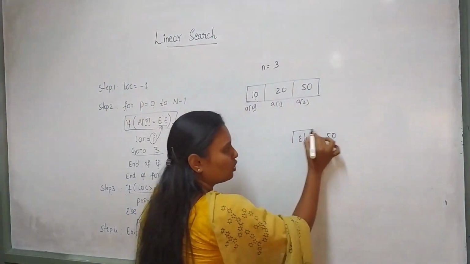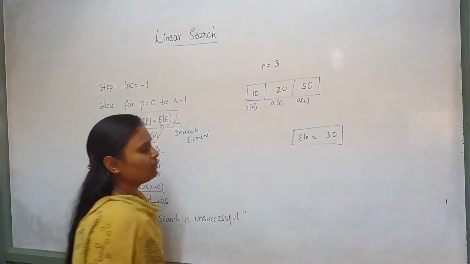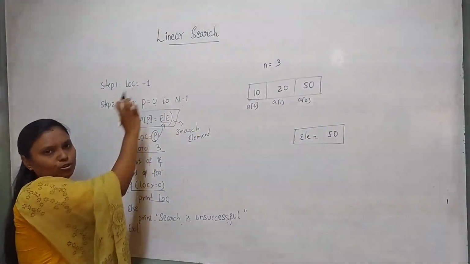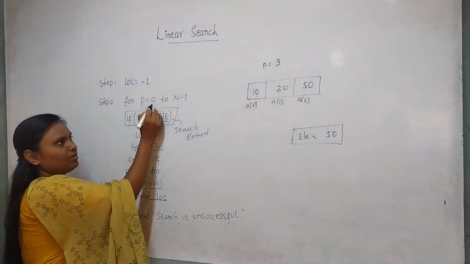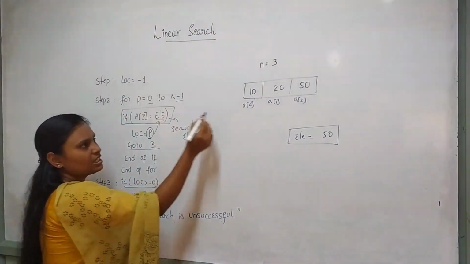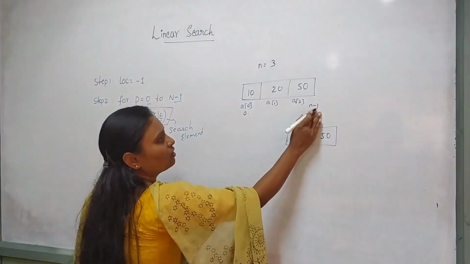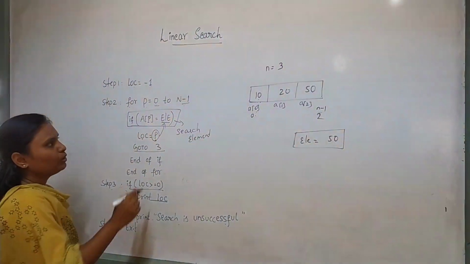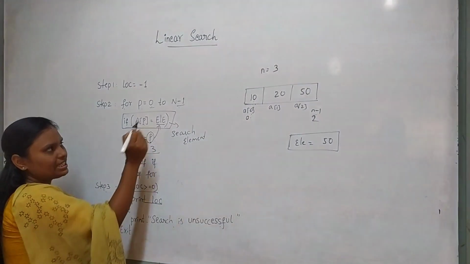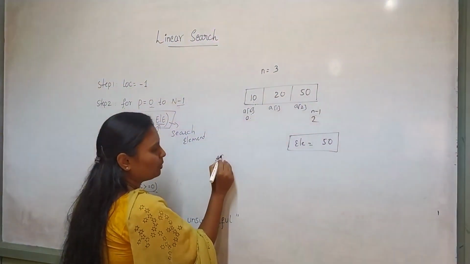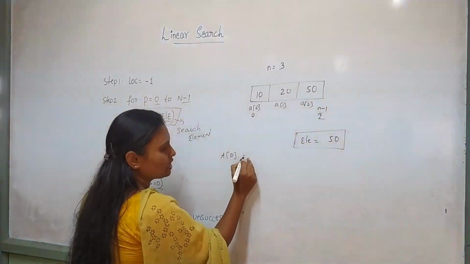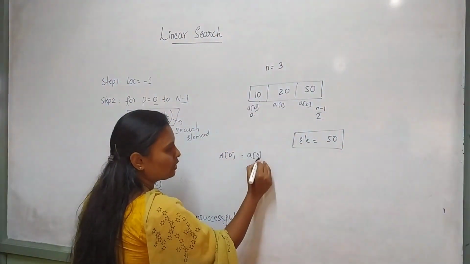If we want to search for the element 50, first location is set equal to -1. We start from 0 to n minus 1, that is from the beginning element to 2, so 0 to 2. If a of p is equal to element, the first position is a of 0.